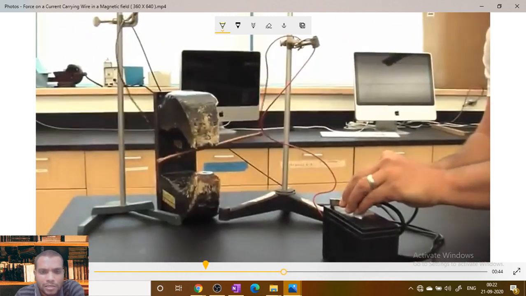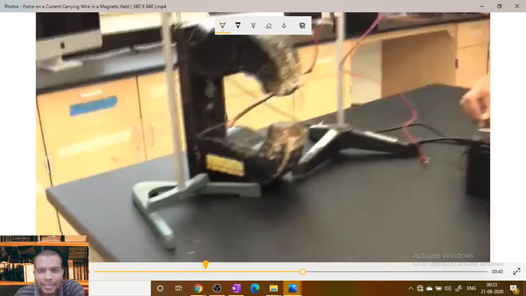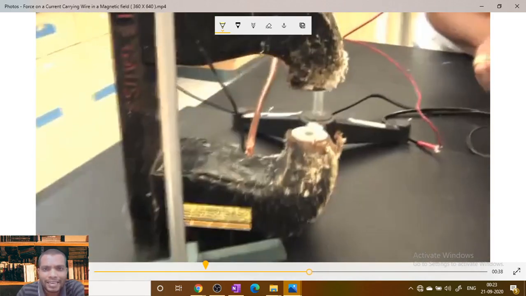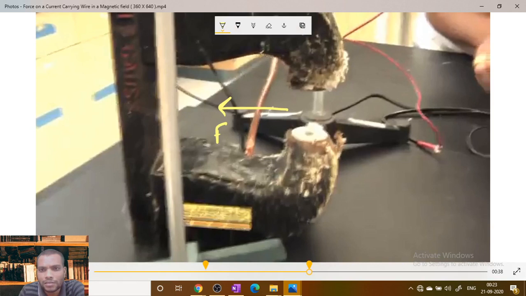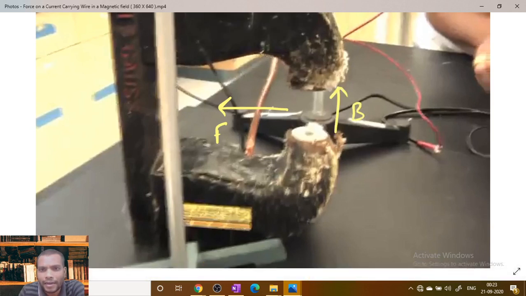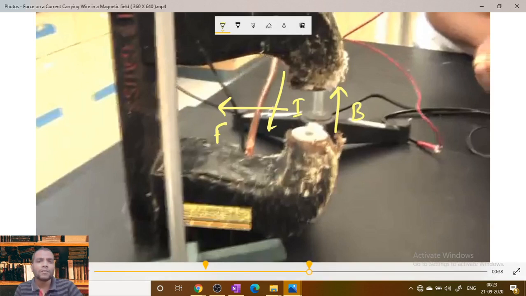Here the magnetic field interacts with the current carrying wire, so there is an inward force. Given the magnetic field direction and current direction, you can apply Fleming's left hand rule; the thumb indicates the direction of force.